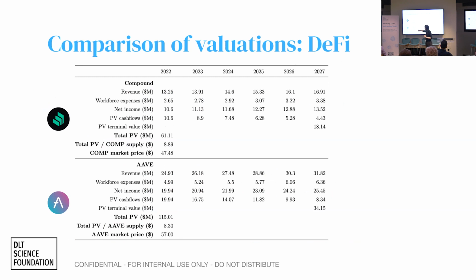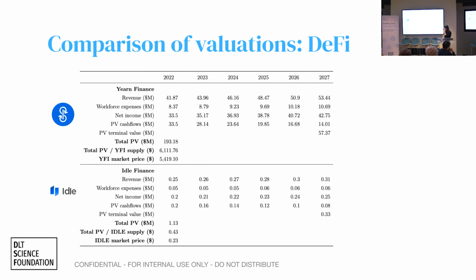All right, and then here, if you compare 8 versus 57, again we see a massive overestimation, valuation of the tokens.